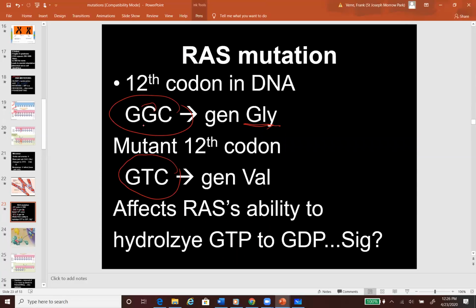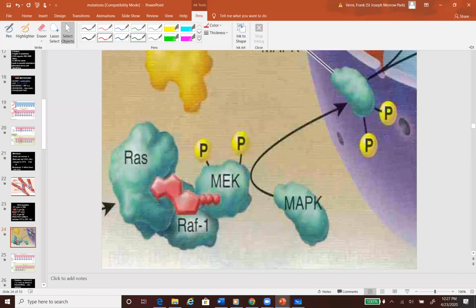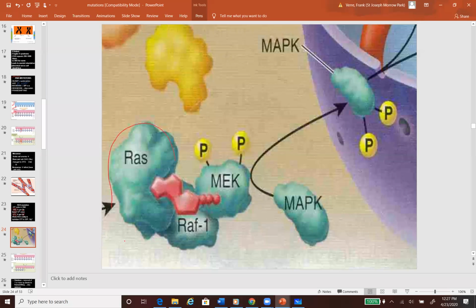You can see it's the second letter, because if I change the third letter, most likely it doesn't make a difference. But in this case, change the second letter or the first letter, you're probably going to get a new amino acid. So instead of glycine, now you get valine. What that does is that actually affects this RAS protein that you're seeing here. Okay, this is the RAS protein.